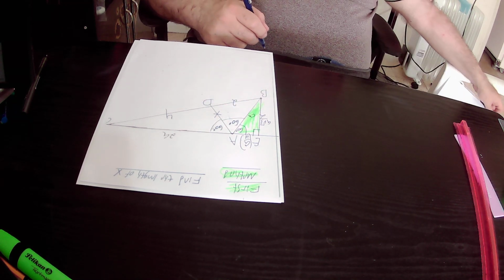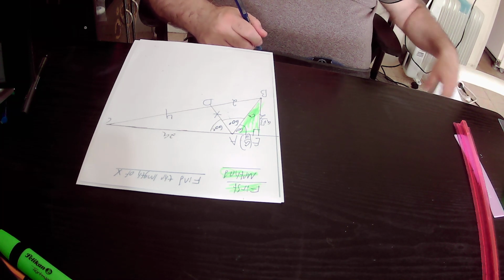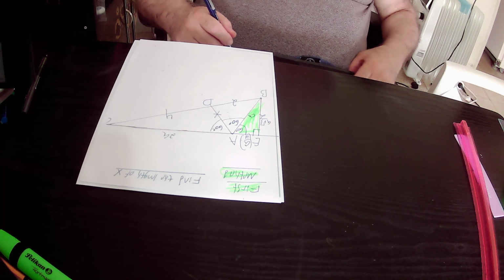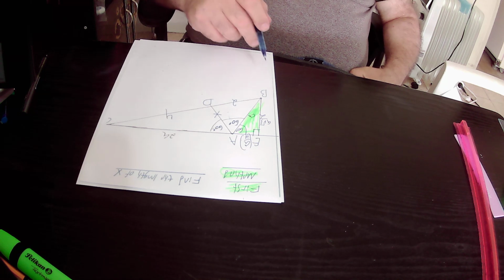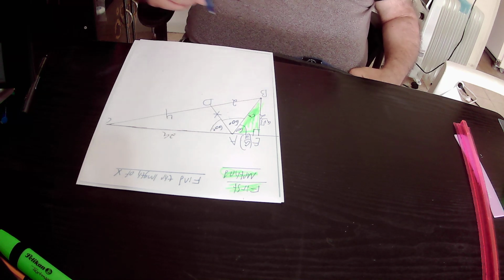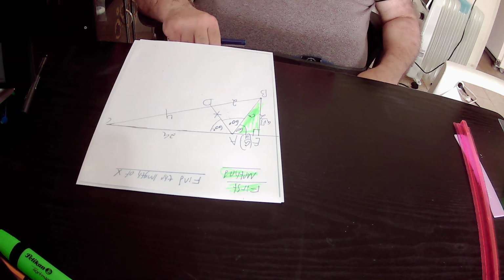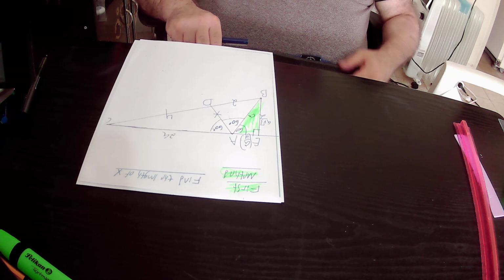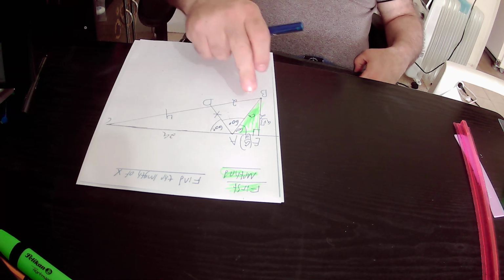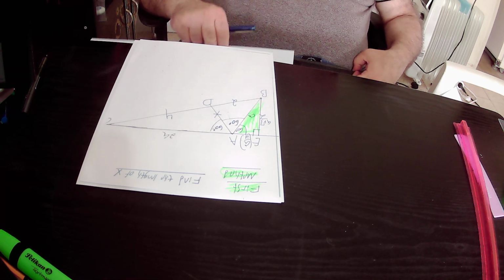So in the next step, we'll implement the Pythagoras theorem on the big right triangle, triangle ABC. So copy triangle ABC in the new page and we'll implement the Pythagoras theorem on this triangle. Okay?